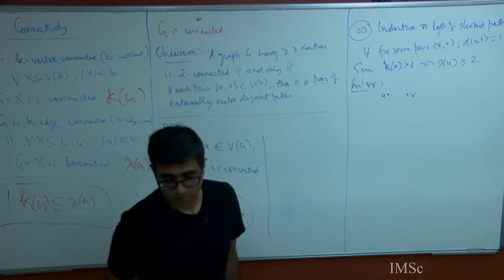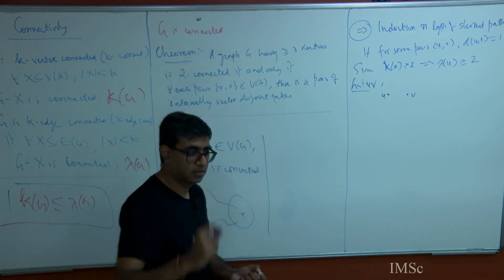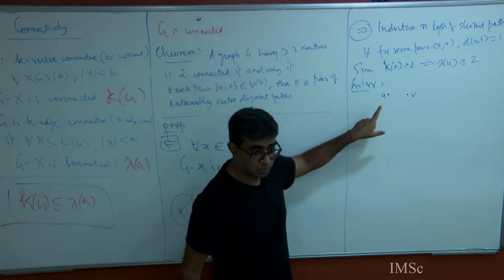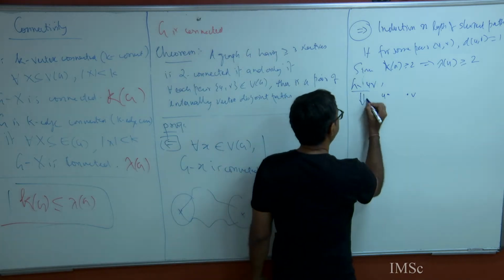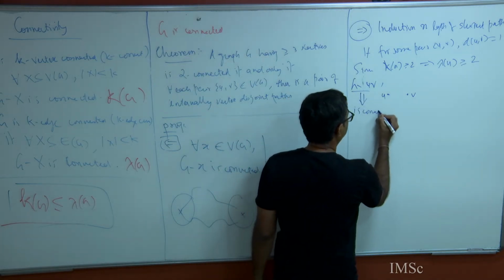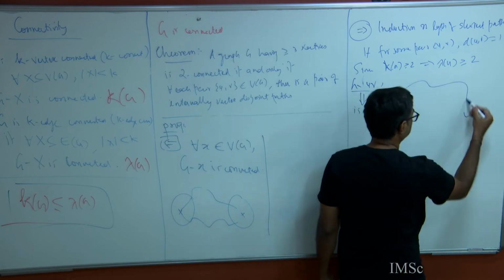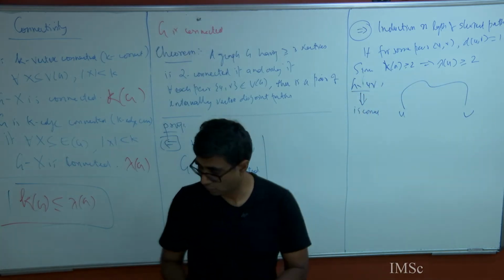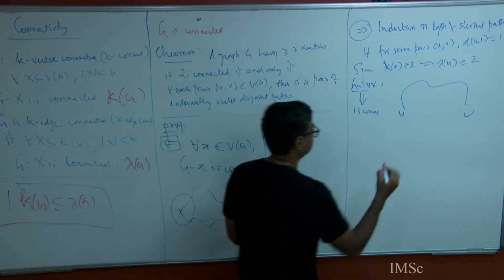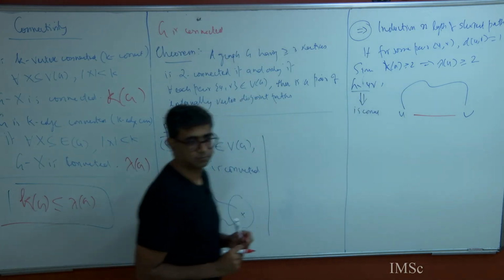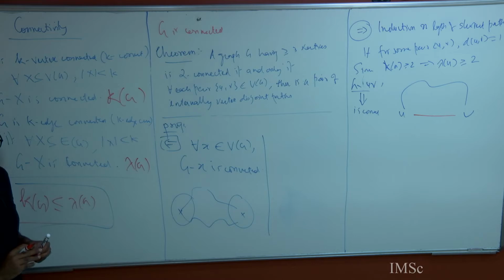What do we know about this graph? G minus uv is connected, which implies there exists a path between u and v. And now you put back your edge uv and you are done. Is that fine? So the base case we have handled.